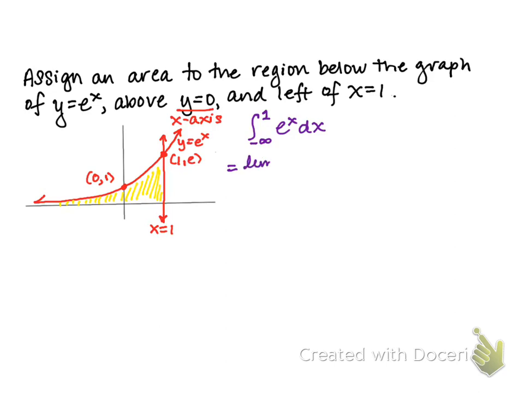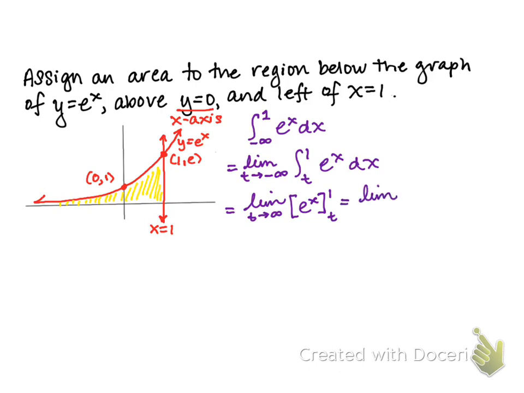So I can rewrite this properly as the limit as t approaches negative infinity of the integral from t to 1 of e to the x dx. And that's going to integrate to e to the x from t to 1, which is the limit as t approaches negative infinity of e minus e to the t.